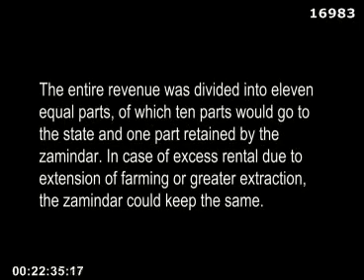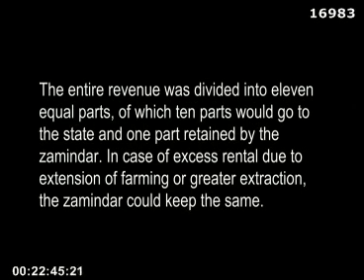And the second special feature was that the Zamindars were to give 10/11 parts of the rental they derived from the peasantry to the state, and they retained the remaining portion, that is 1/11 portion, for themselves. So the whole has to be divided into 11 parts, 10 to go to the state and 1 to go to the Zamindar.